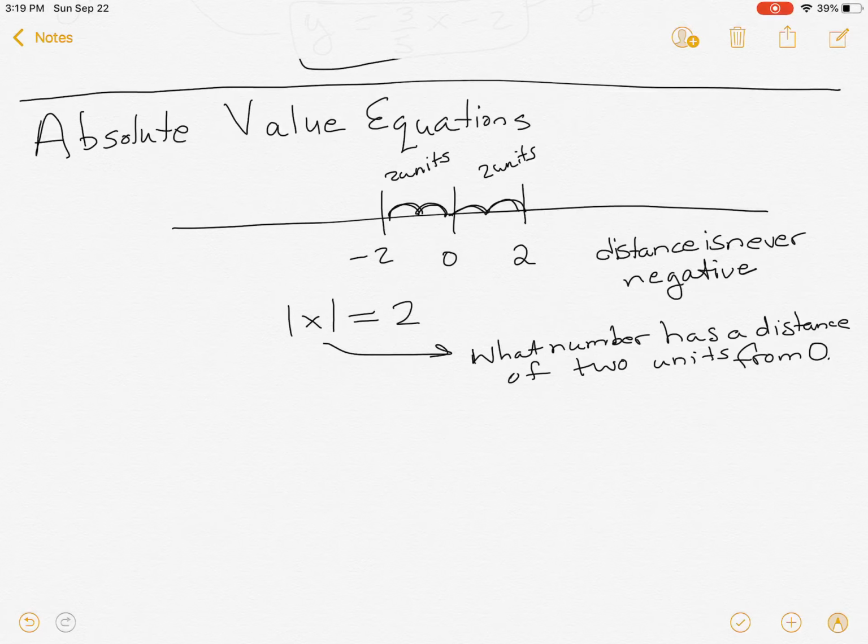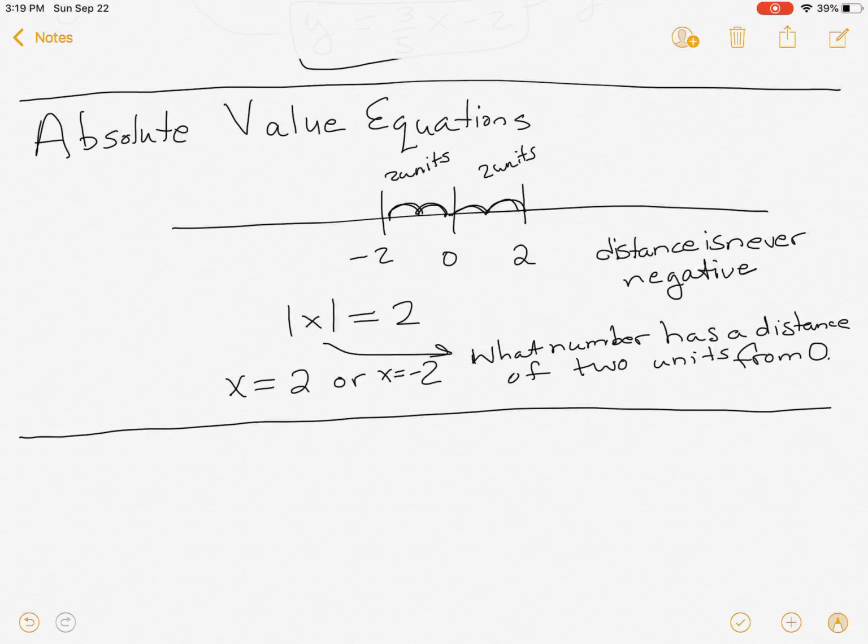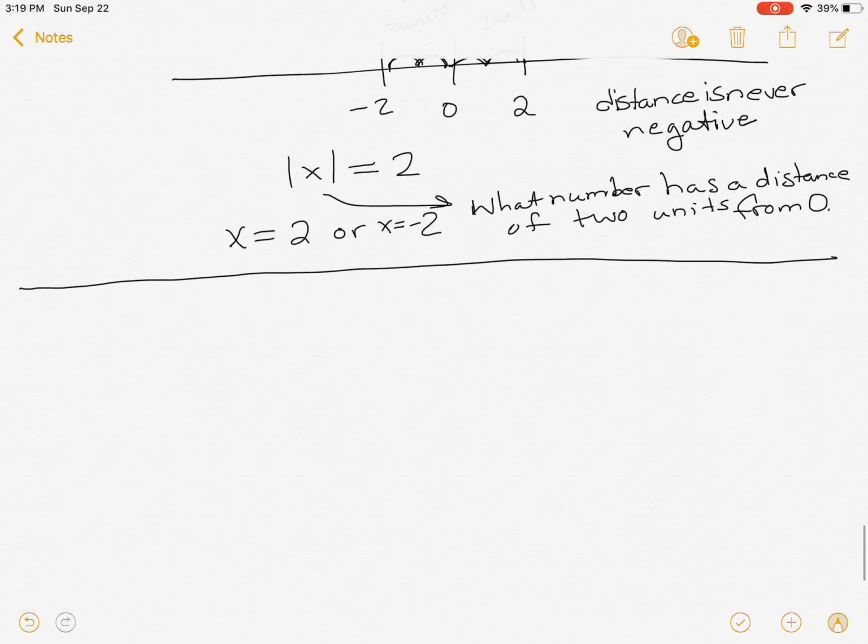That would be the numbers 2 and negative 2. So that kind of tells me how I'm going to set up any absolute value equation.